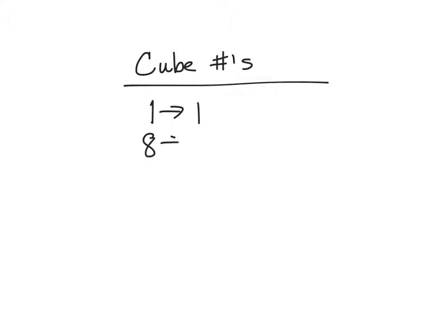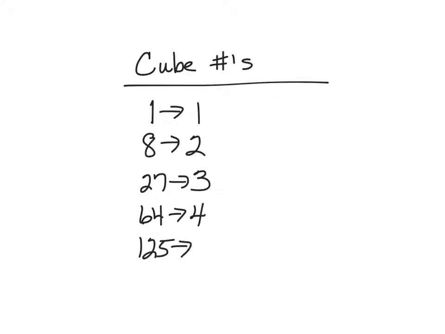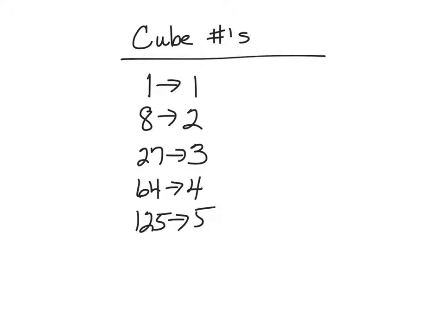8 is a cube number. It's 2 times 2 times 2, or 2 cubed. 27 is 3 cubed. 64 is 4 cubed. 125 is 5 cubed. 216 is 6 cubed.